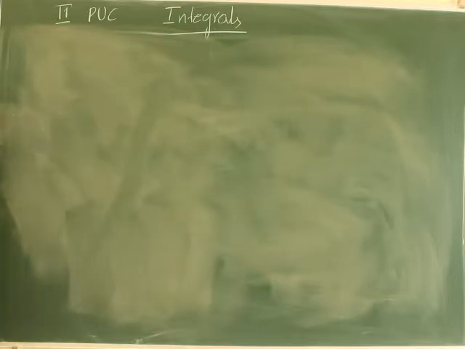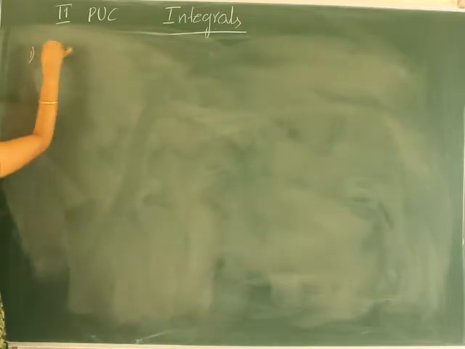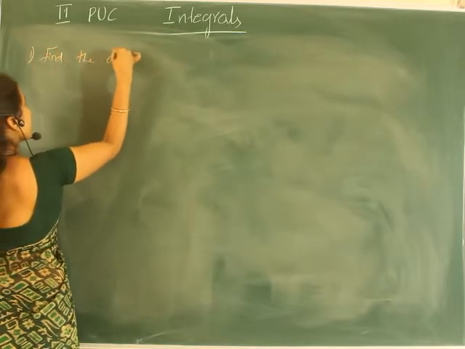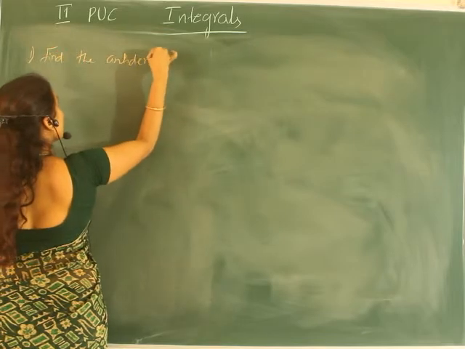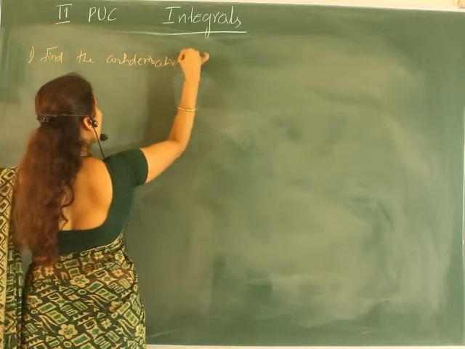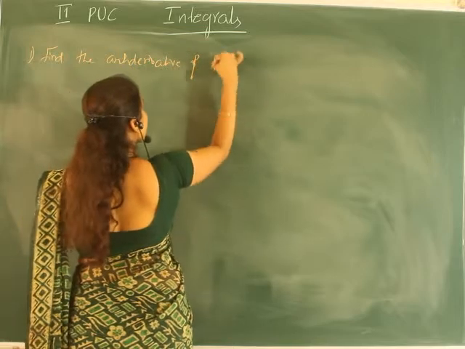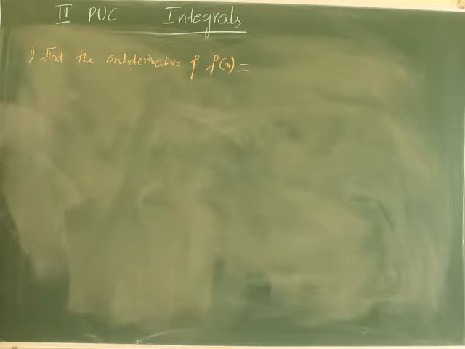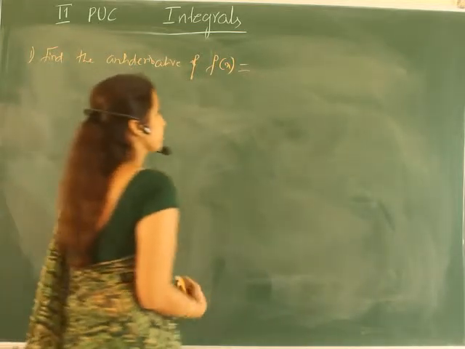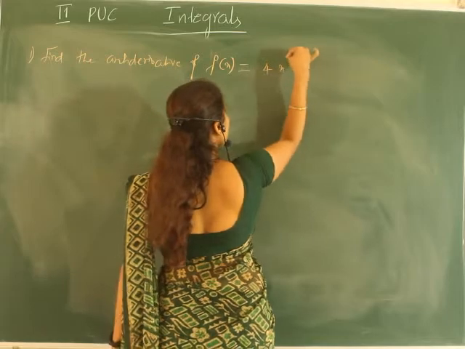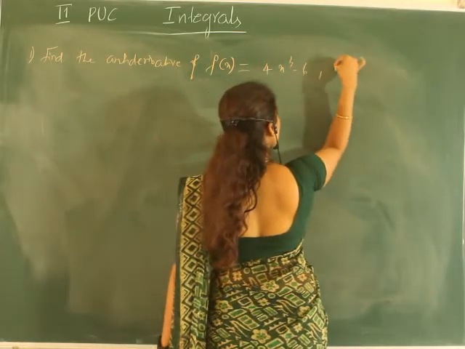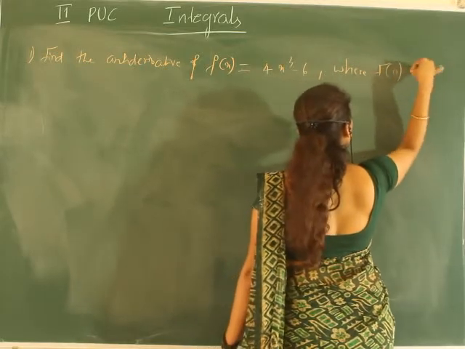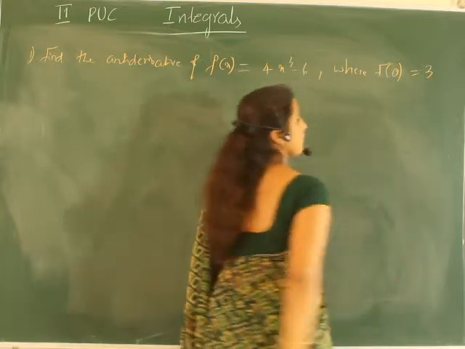We have to find the antiderivative of f of x equal to 4x cube minus 6, where f of 0 is 3.